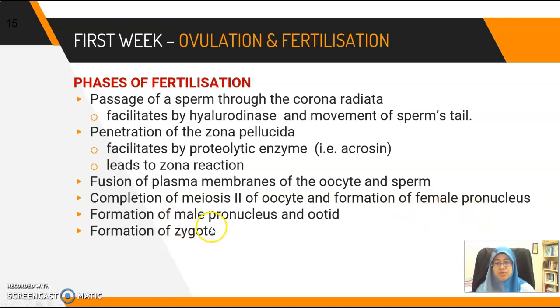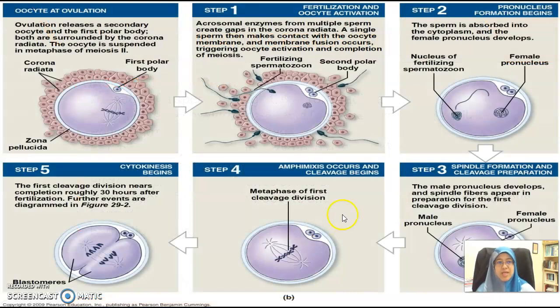The male also has a pronucleus. So the oocyte now has two pronuclei, one from the female and one from the male, the sperm that entered it. From here it becomes a zygote. They are fertilized, they have completed meiosis 2, and they become a zygote.